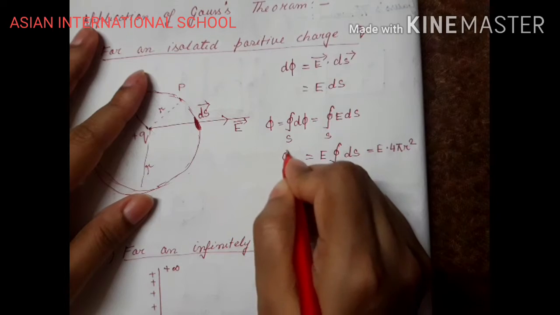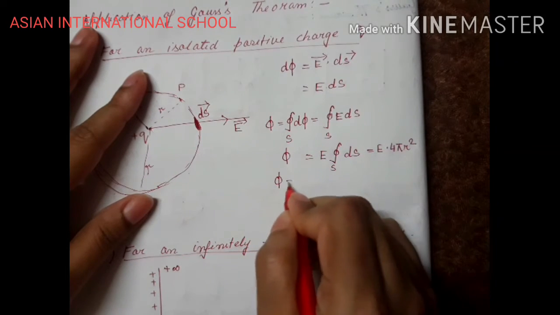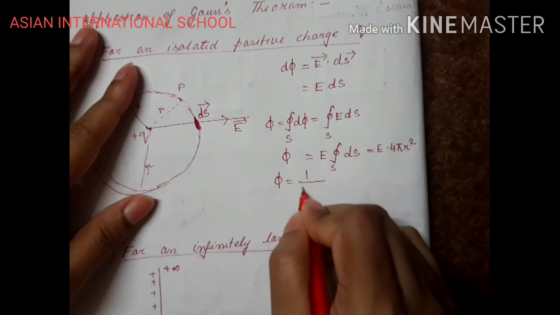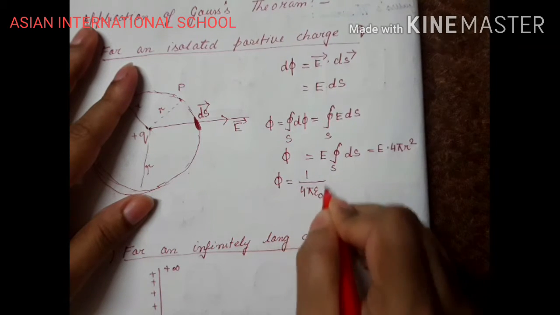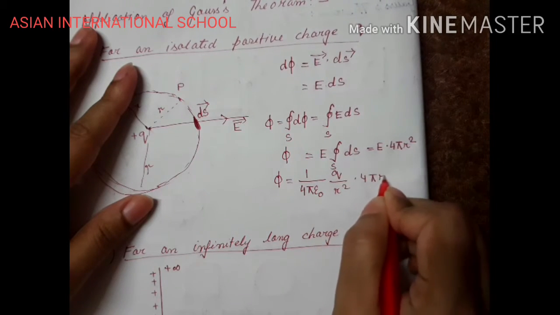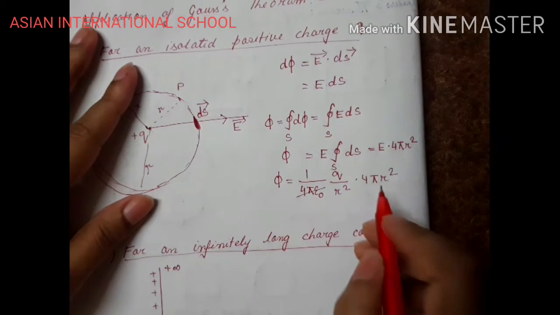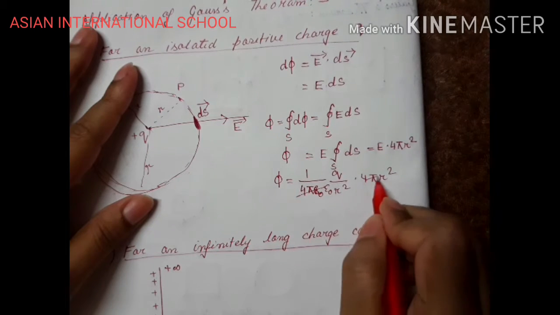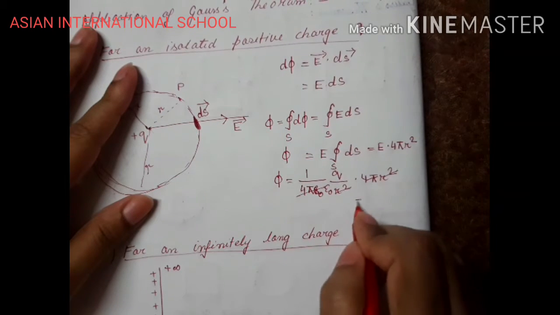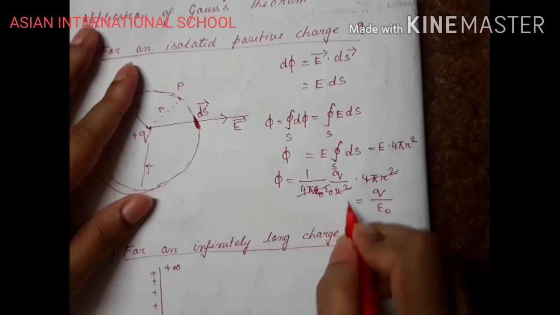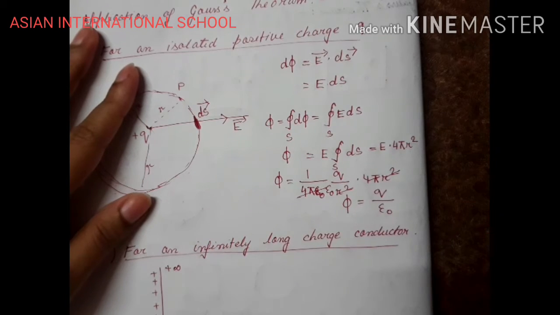This is my net flux. So phi equals, we know the electric field for an isolated charge is 1 by 4 pi epsilon naught q by r square, into 4 pi r square. 4 pi gets cancelled, r square and r square get cancelled, and epsilon naught remains. So I get phi equals q by epsilon naught. I am proving Gauss law in this way.